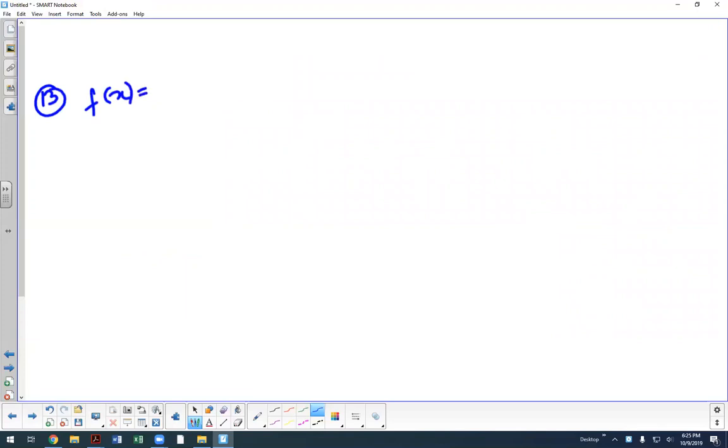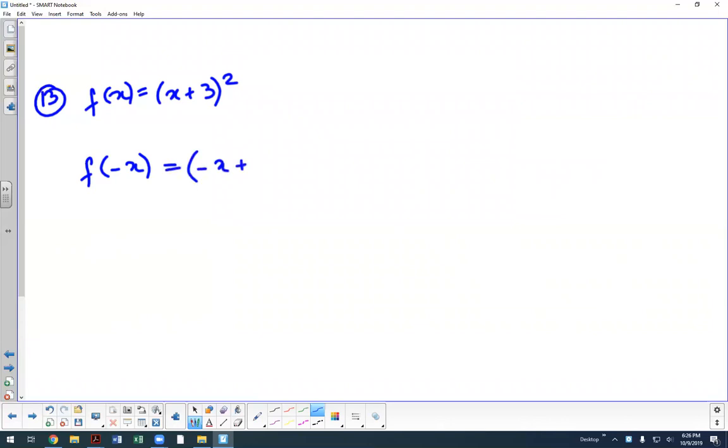So, Trey, do you have a conclusion on what you think it should be? Should it be odd? Should it be even? I think it's going to be odd. You think it's going to be odd? So we take our function and replace the x with negative x. So this would end up becoming what?